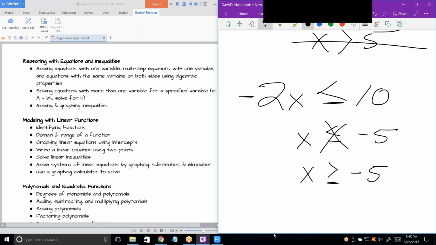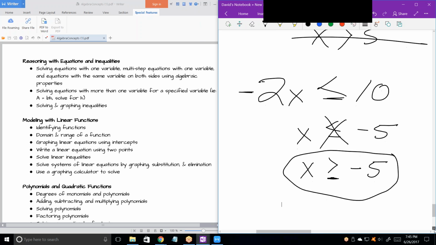Still -5 on the right, but this is the answer. And there's a huge difference between x being greater than -5 or less than -5. So that aspect of inequalities is what makes it different than solving equations.